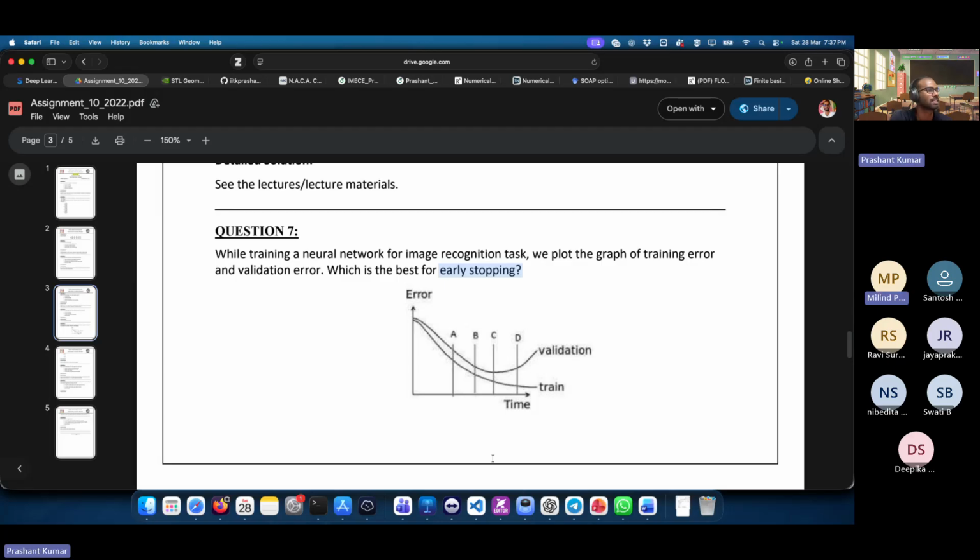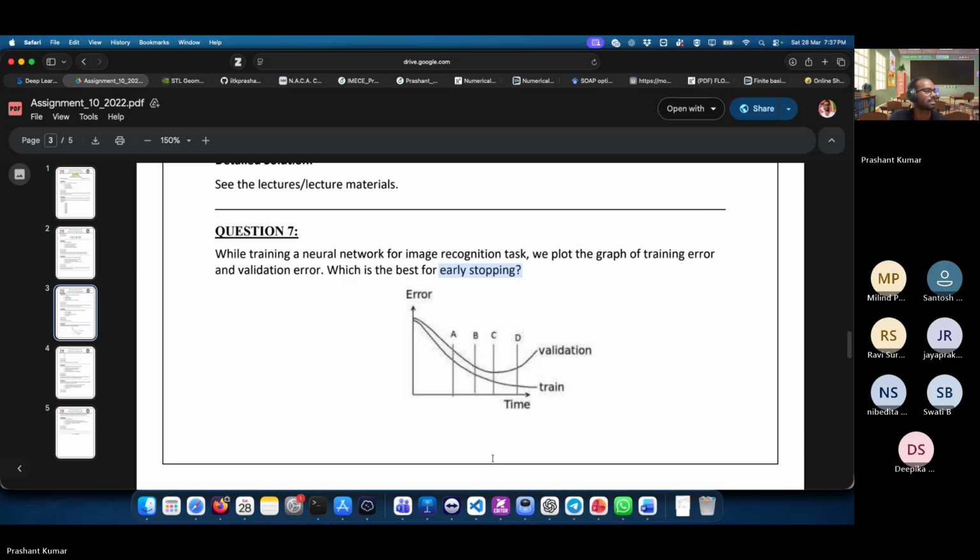At which time? When you want to stop that trend. Validation and train. C, training is becoming almost flat, right? After C, the validation error is increasing. Up to C, it is decreasing.